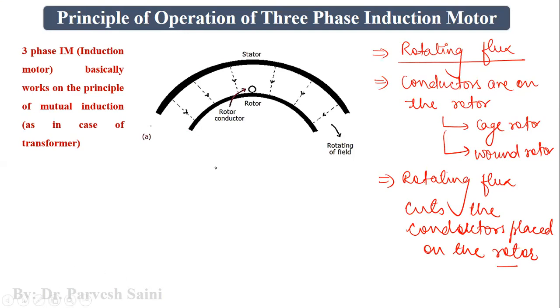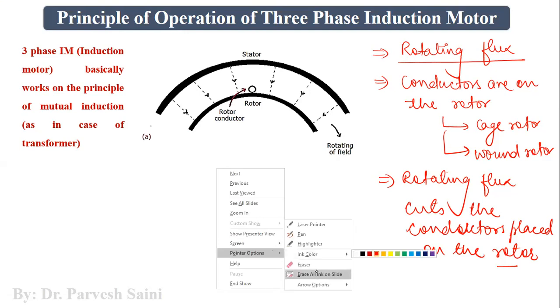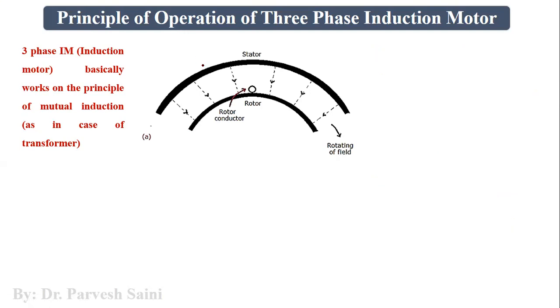Up till here it is, I think, clear to all of you. Now, for example, this is the stator and this is the rotor. We have the conductor on the rotor, and we have a rotating magnetic field in the air gap.